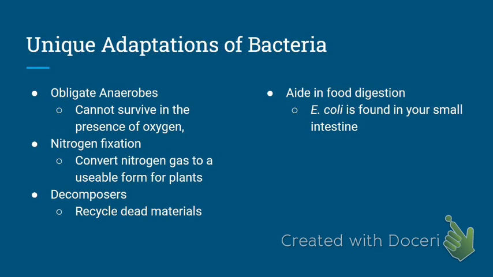So there you go. E. coli is found in your small intestine. If it gets out of your small intestine and gets into your body cavity, that can be really bad. But normally it stays right in your small intestine and everything's good to go. Bacteria can produce flavor. Cheese, yogurt, and bread are all flavored by different types of bacteria.